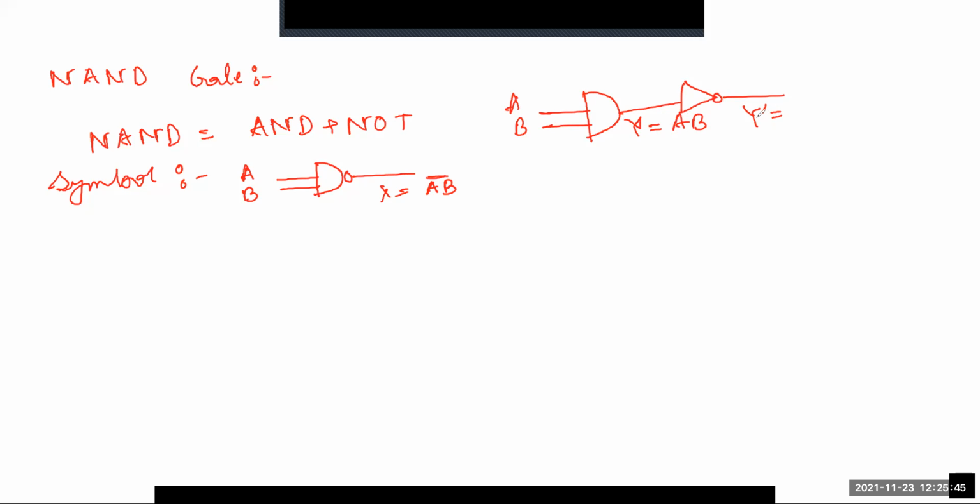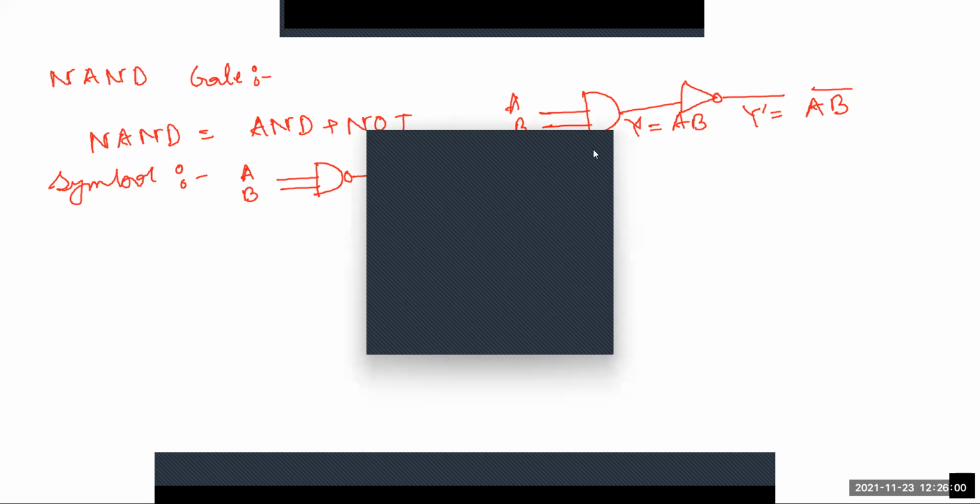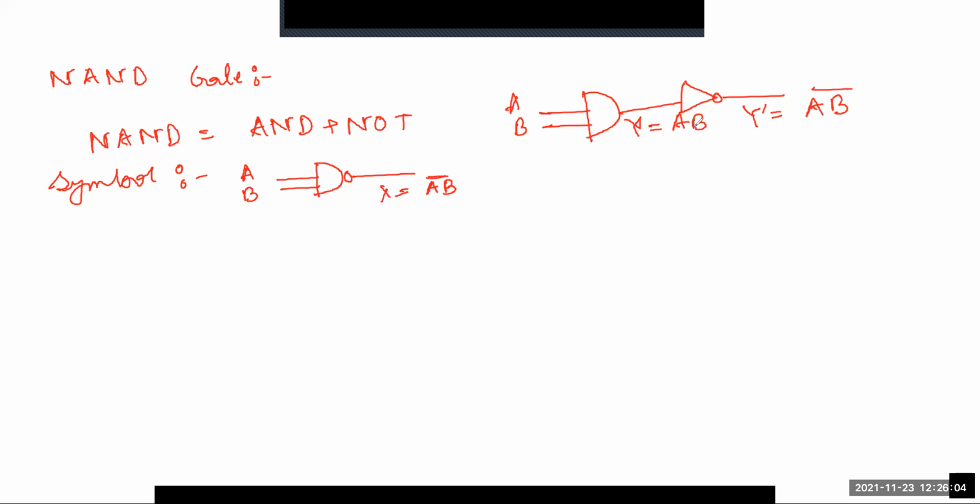So what is the output? (AB) bar. Yes, (AB) bar. So from this we are getting the expression of NAND gate: y bar equals y dash equals (AB) bar.